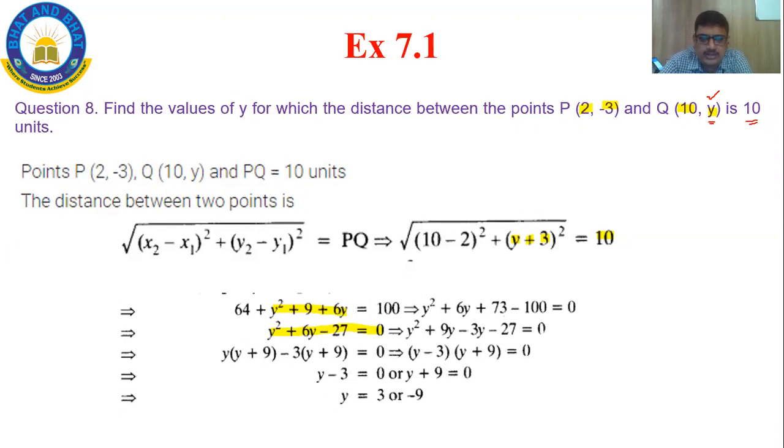Basic splitting the middle term is very, very elementary. Please go through once. Any doubts, let me know. This is quite an important question. Any doubts, anyone?